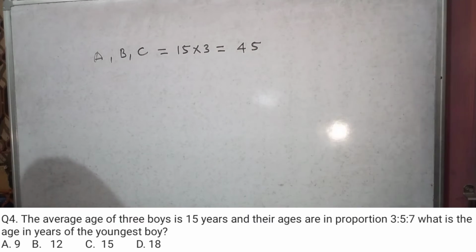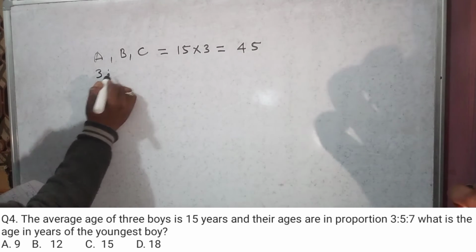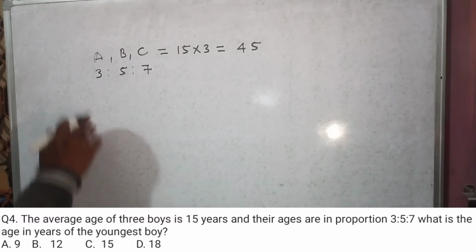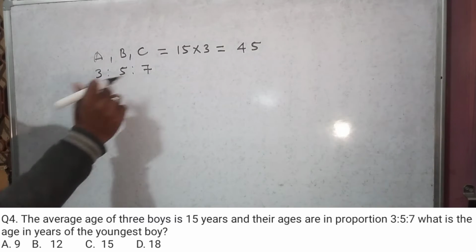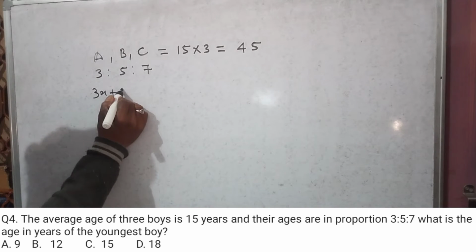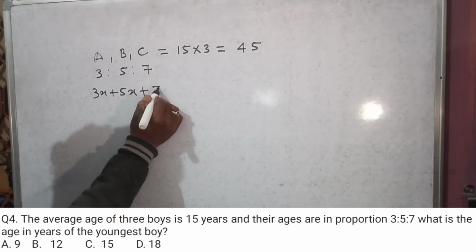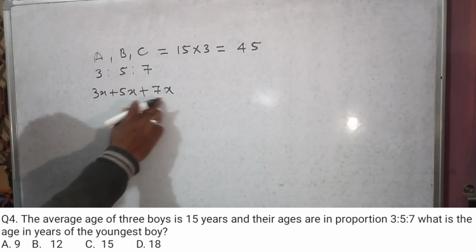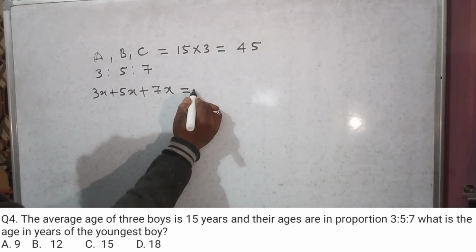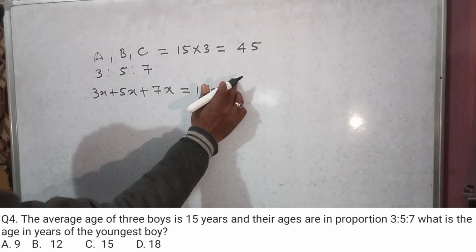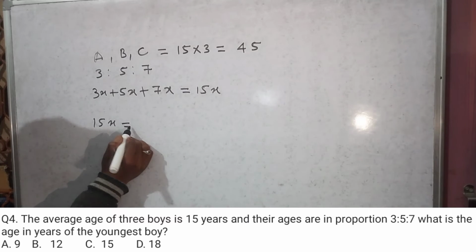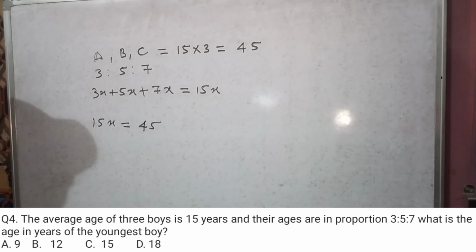Right? Now in proportion 3:5 and 7 ratio. Suppose this is 3x, 5x and 7x. 3x plus 5x plus 7x is equal to 3 plus 5 is 8, plus 7 is 15x, right? 15x is equal to 45.